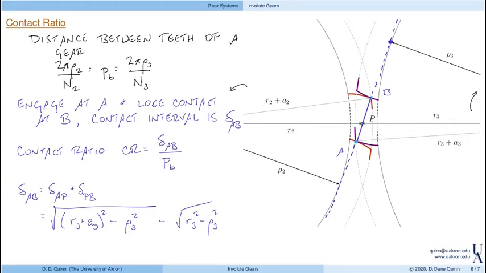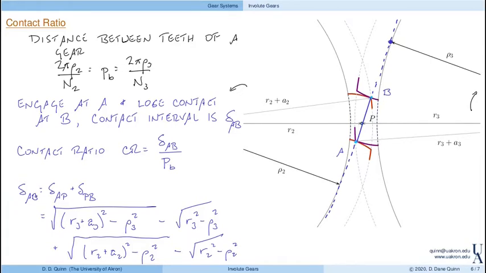And so that's the distance from A to P. To that, we will add the distance from P to B. We do the same thing looking at the triangle formed with gear 2: the square root of R2 plus A2 squared minus rho 2 squared, and then minus the square root of R2 squared minus rho 2 squared. Like I said, a lot of stuff here, but these are things that we can calculate relatively easily.